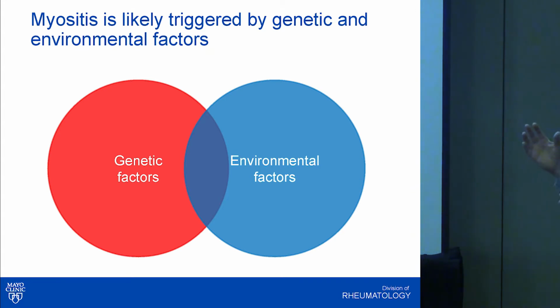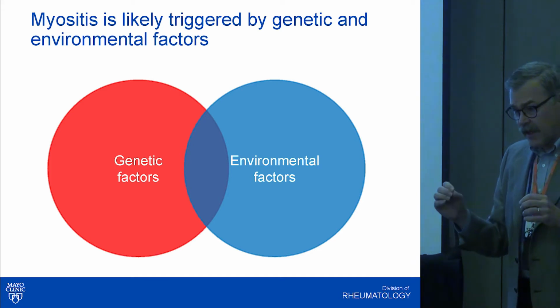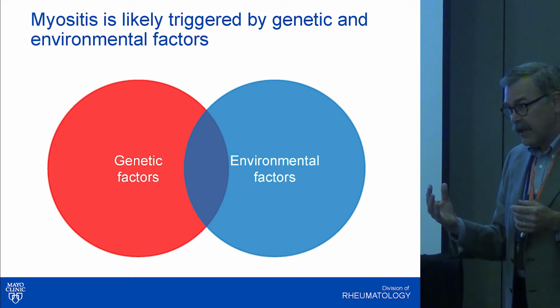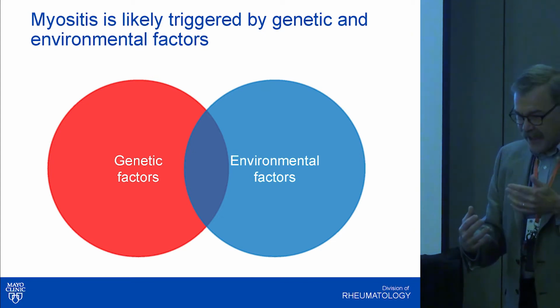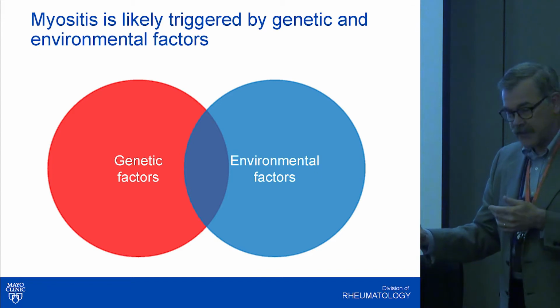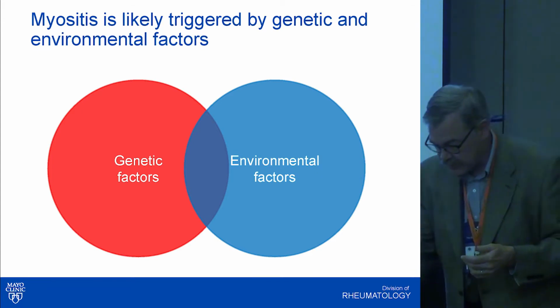And maybe in different patients, these circles are different sizes, that genetic factors are more important for some patients or some diseases, environmental factors more important for others. But most of us in this field think that there are a couple of things that sort of get to the point where there's inflammation that's pushed by the immune system.